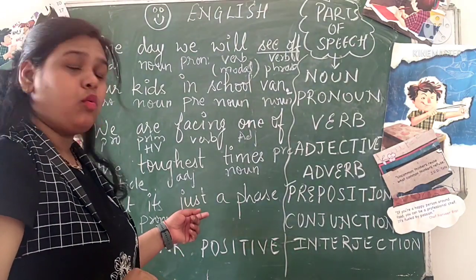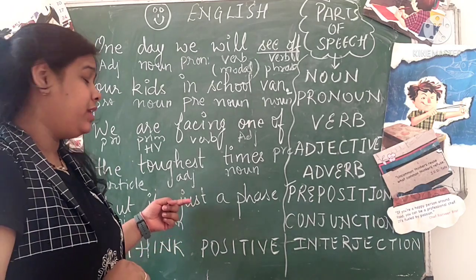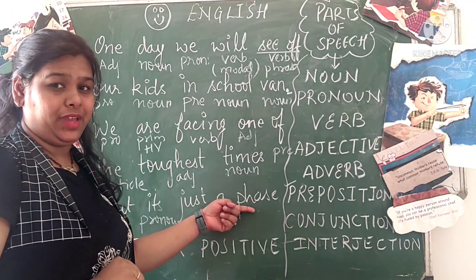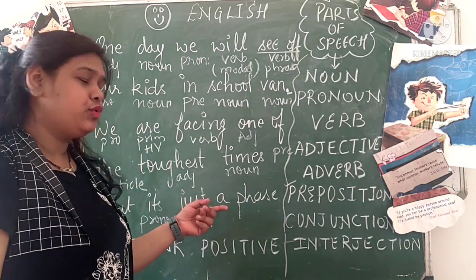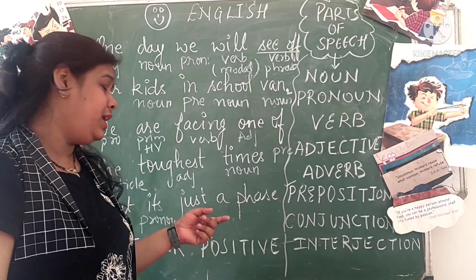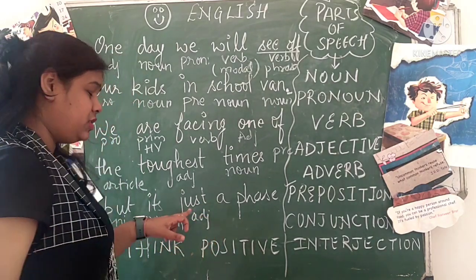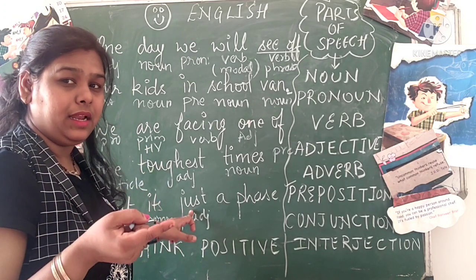Now what is just? Just is an adjective. It is telling us about the noun phase, that it's just a phase, it's just a bad time that is going to pass very soon, right? So just is an adjective here. Now this just is also an adverb, but how, we will see later, right?